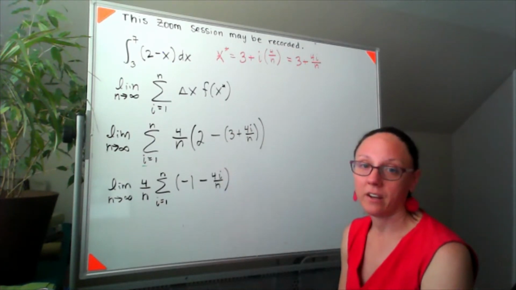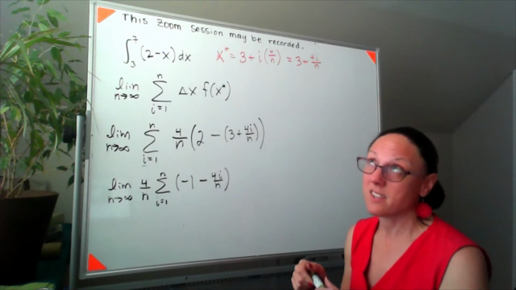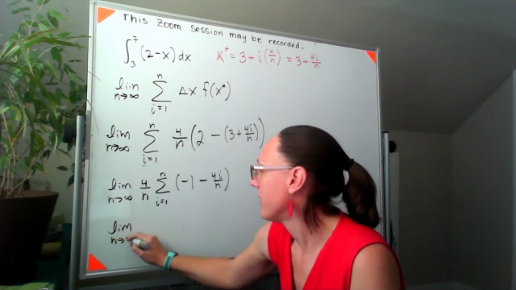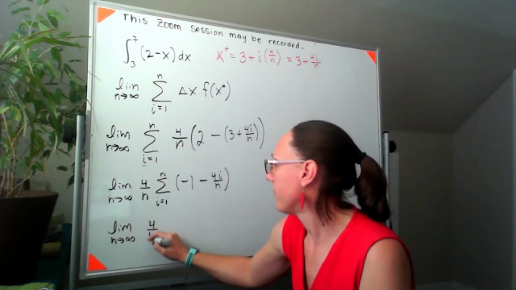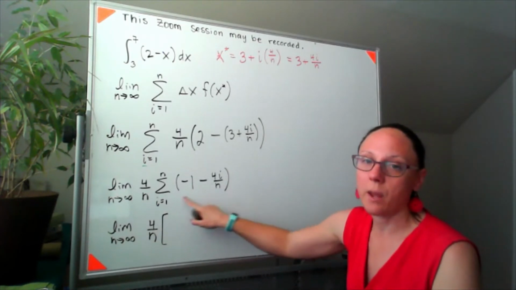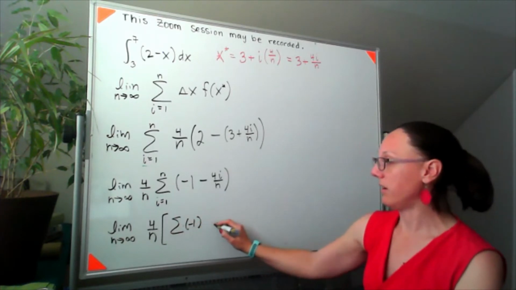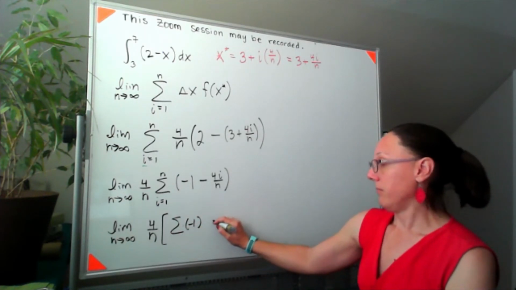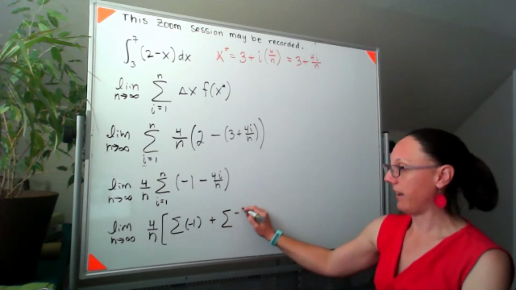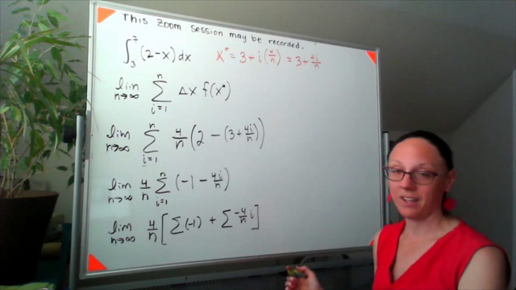4i over n. Using another one of our summation rules, the sum of the sum is the sum of the sums. I can break this apart as 2 separate summations. I'm going to have the sum of negative 1 plus the sum of negative 4 over n times i.